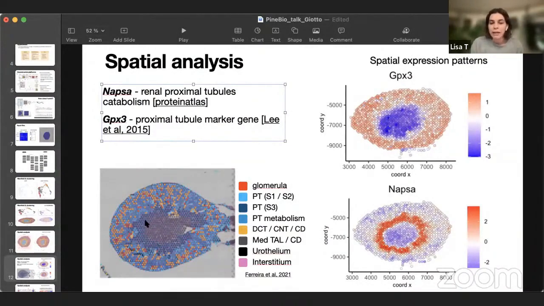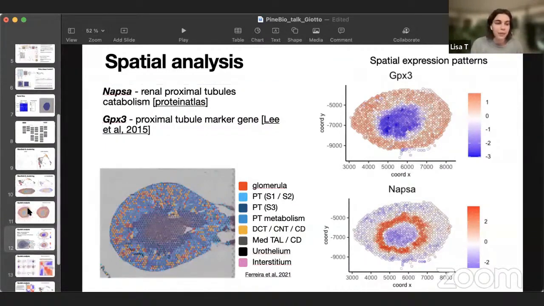So comparing it to already known cell types in the kidney, we can see that GPX3 is a marker gene for proximal tubules segments 1 and 2, which are located in the cortex. And NAPSA correlates more with proximal tubules segment 3, which is located here in the outer medulla. So spatial analysis can help us understand marker genes better.